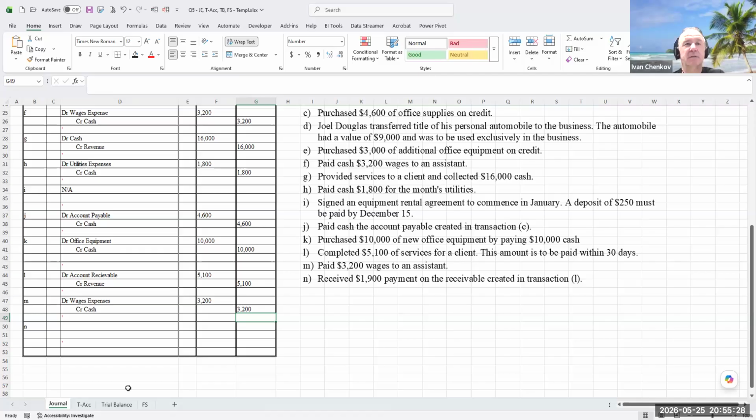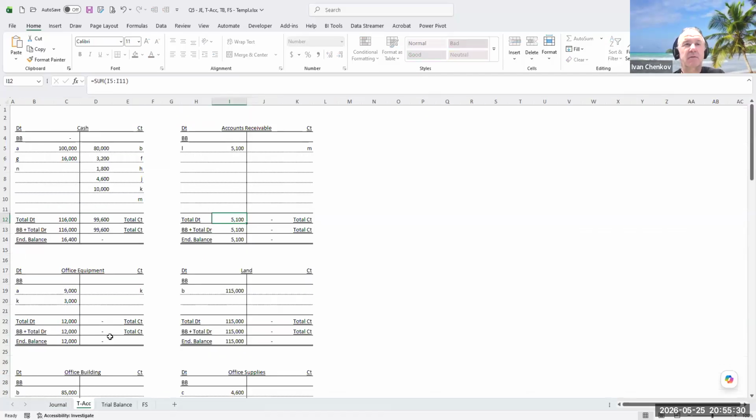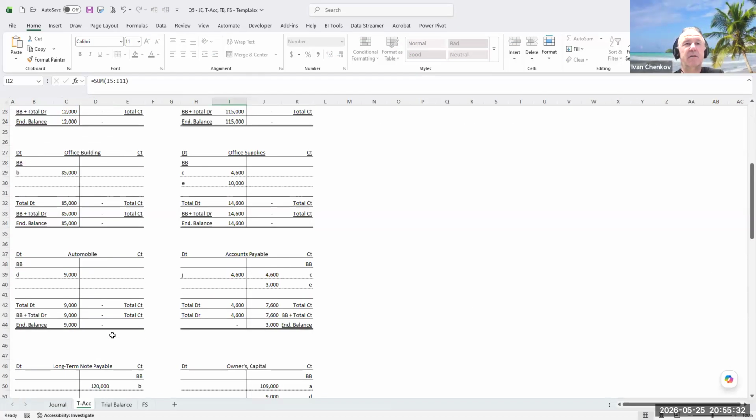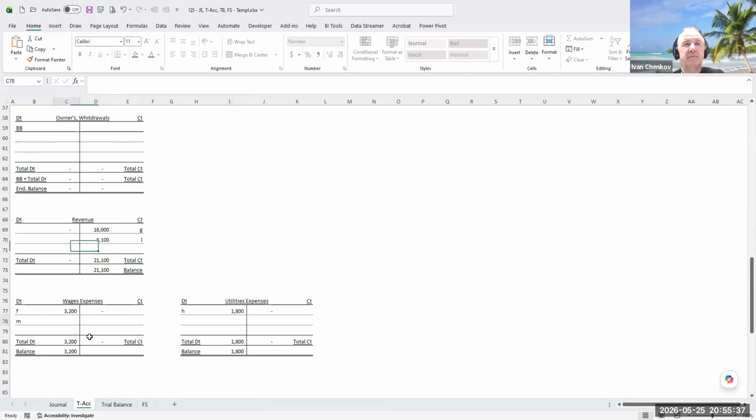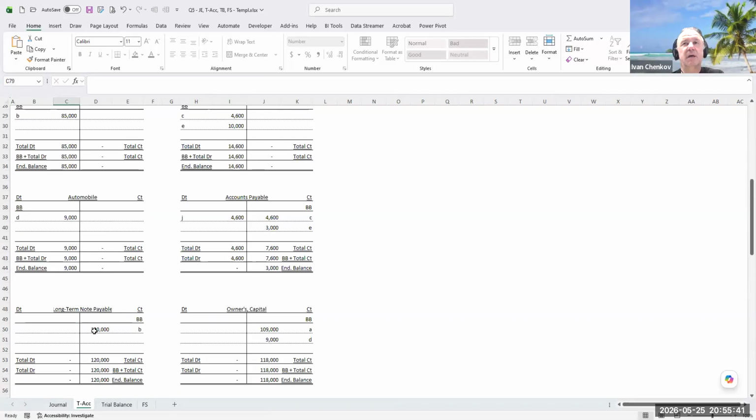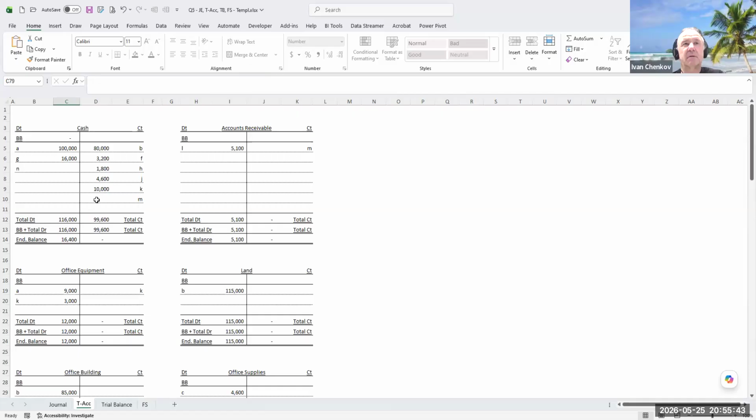Let's post this one on our T accounts. We're going to find wages expenses, $3,200, and we're going to reduce our cash by $3,200. As you can see, now our cash is down to $13,200.